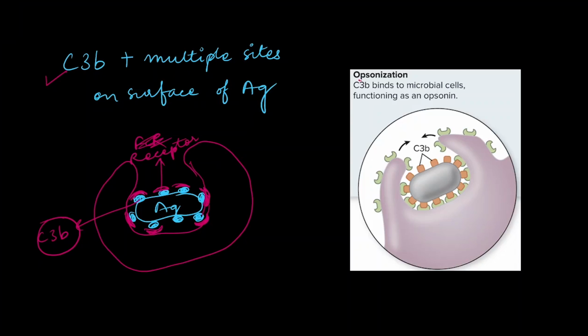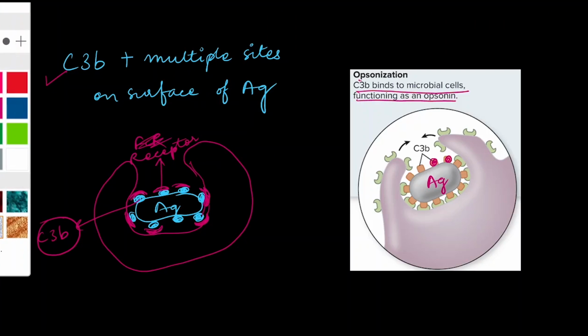In the figure we can see C3b binds to microbial cells, functioning as an opsonin. This is the antigen, these are the C3b molecules, and these are the receptors of the phagocytic cell, and they are promoting the phagocytosis. So this was about opsonization.